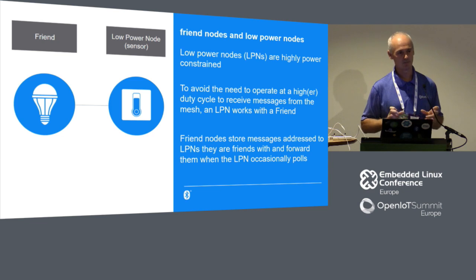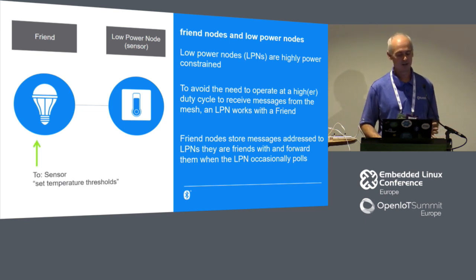They then work together, and this is how it works. Any messages sent to our low power node, addressed to it, we have an addressing scheme. And by the way, as a low power node, it's now asleep. So it's sleeping, not using the radio, doesn't need to worry because it knows it's got a friend. So any messages addressed to it will actually go to the friend where they get stored.